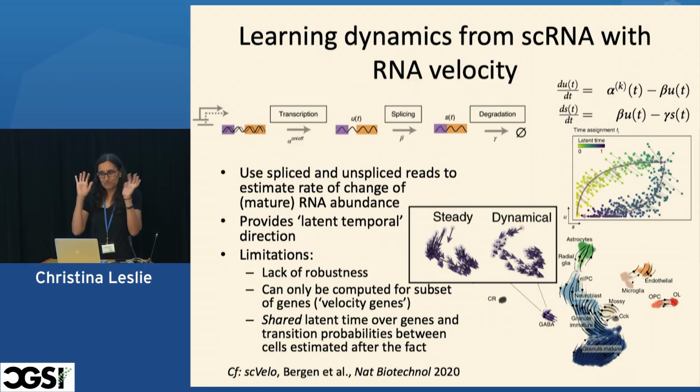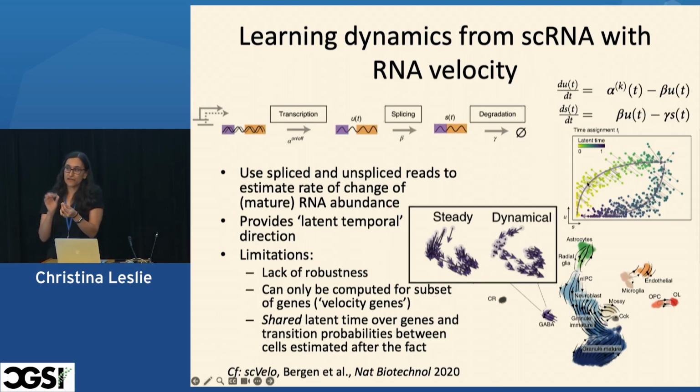Okay, and this is all biologically not quite right. But then you can do a phase diagram of unspliced versus spliced, and when you turn on a gene, you see the unspliced reads first, and then when you turn off a gene, the spliced reads go down first. Anyway, you can write down some differential equations and solve one gene at a time.